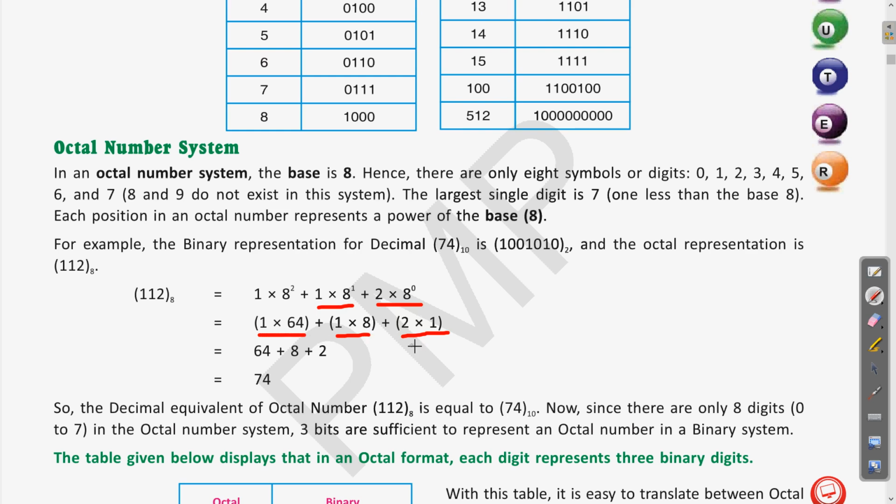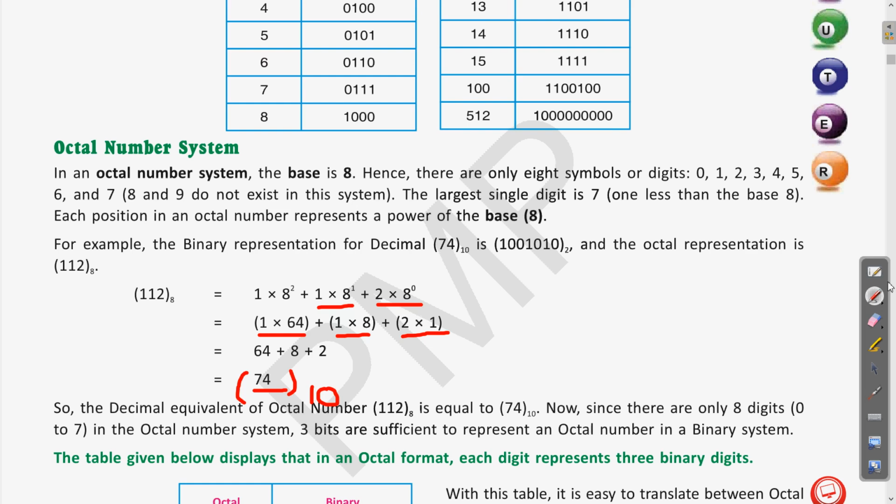After that, calculate the value. 2 into 1 is 2, 8 into 1 is 8, 64 into 1 is 64. So 64 plus 8 plus 2 is 10, so 64 plus 10 is equal to 74. Clear? So what we have got? We have converted this octal into decimal. Clear? Do you want to do one more octal to decimal?